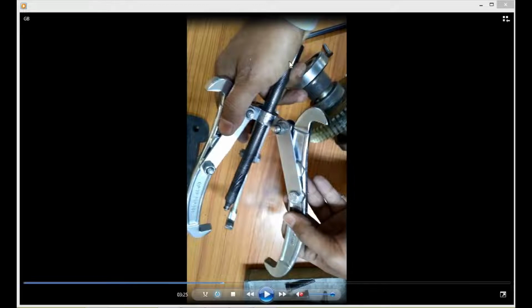Then by using the spanner, you can rotate this screw. Then opposite forces act on the shaft, and the bearing comes out in the outside direction. This is a technique for removing the bearing from the shaft.